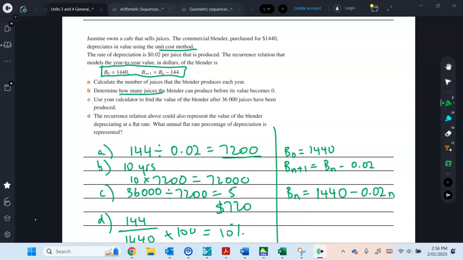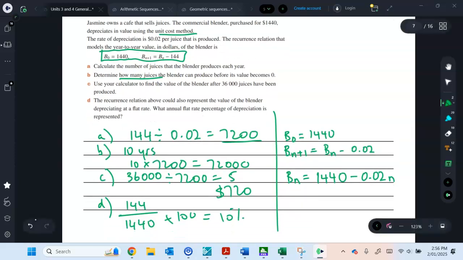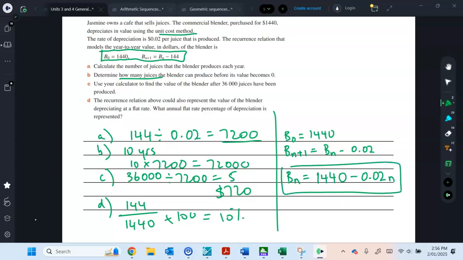I mean, you could kind of do that for, what word am I looking for? So to predict what might happen, but if you're doing what was actually happening, you would have to use something like that, all right, because it's 2 cents per juice.